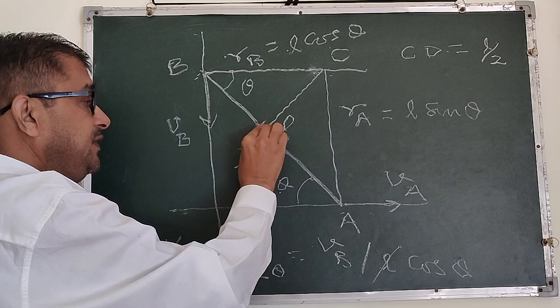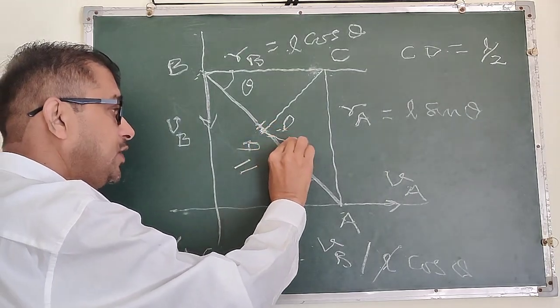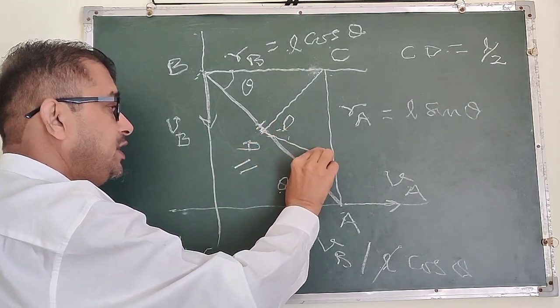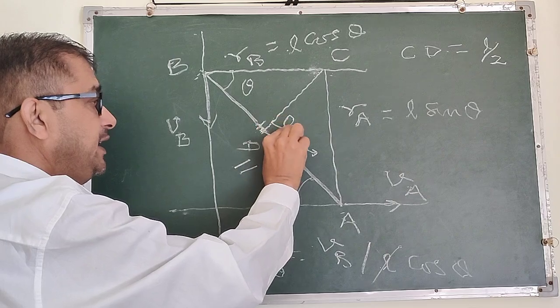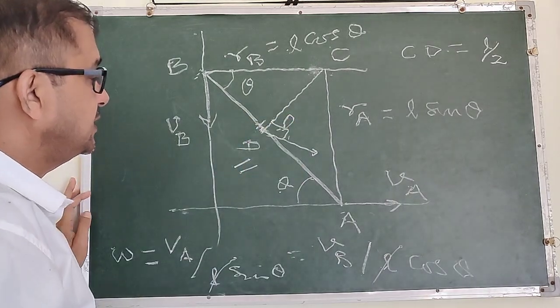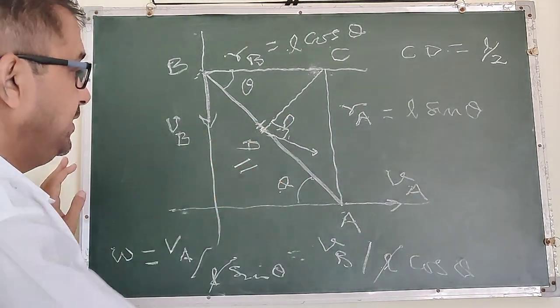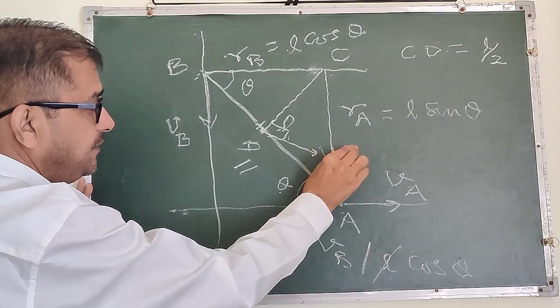Now D will move like this, perpendicular to this, because this is in pure rotation. This is the perpendicular line, so we can find VD.